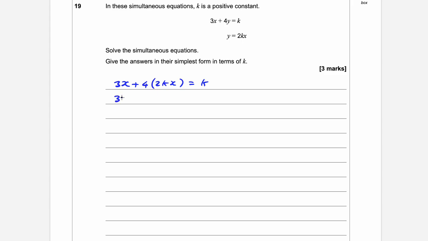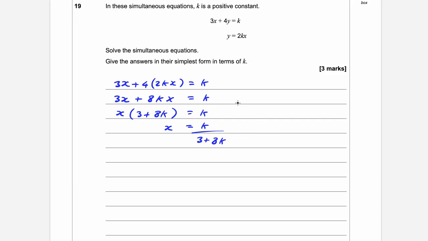Then I multiply out the brackets, 3x plus 8kx equals k. I want x on its own, so I'll take out the x, and I have 3 plus 8k equals k. x equals k over 3 plus 8k.